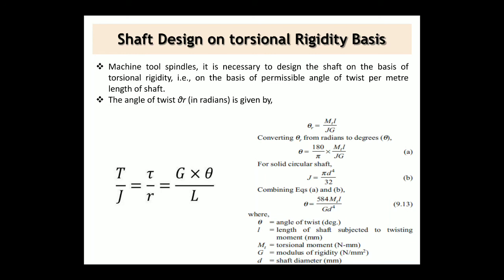So combining equation A and equation B, we get the value of theta as theta equal to 584 M l by G d raised to 4.